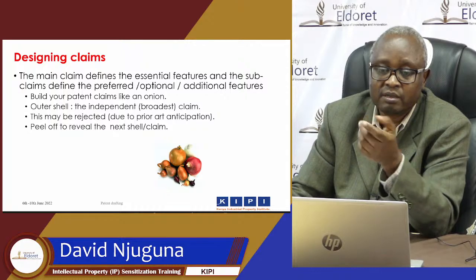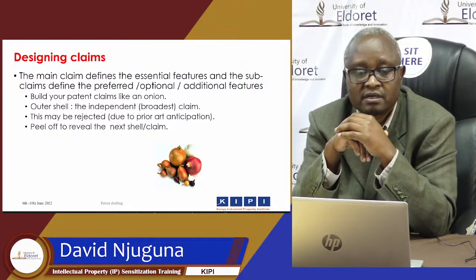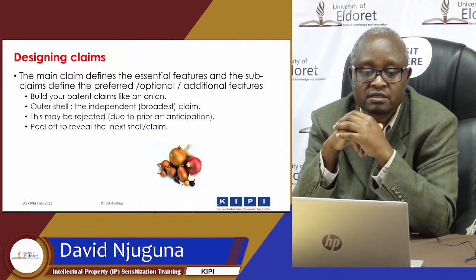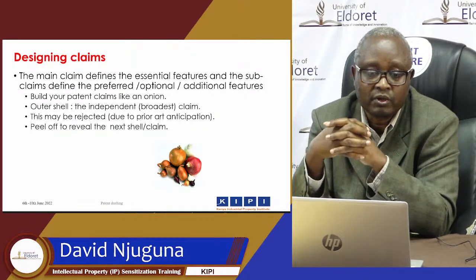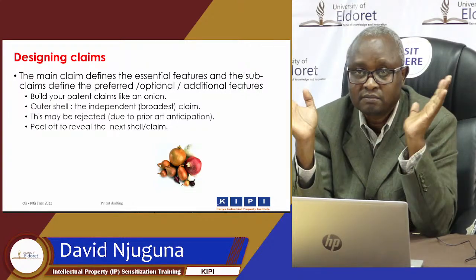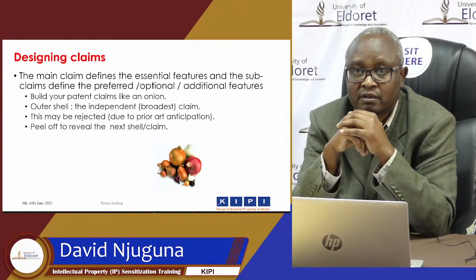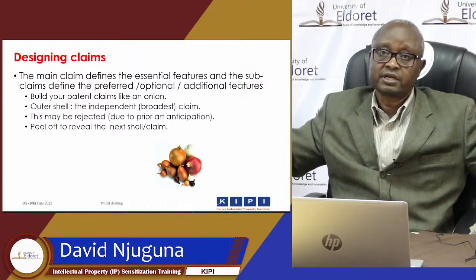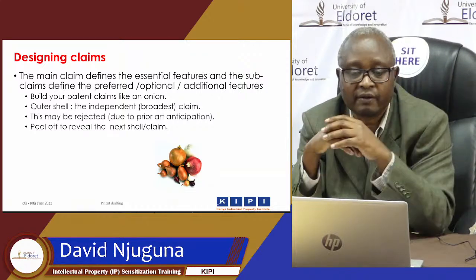The main claim defines the essential features, and the subclaim defines the preferred, optional, additional features. Build your patent claims like an onion. The outer shell is the broadest claim. The scope of protection of the first shell is much wider.